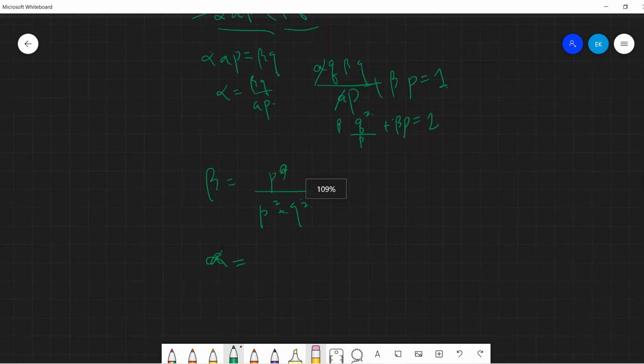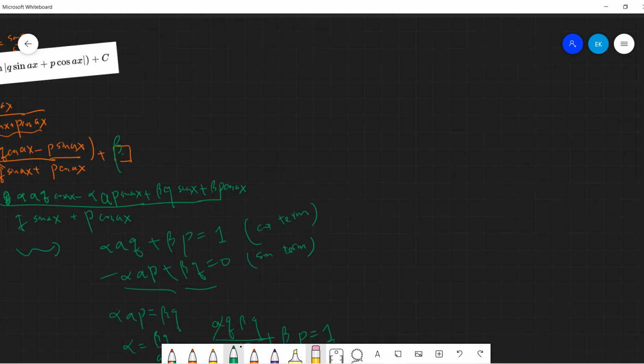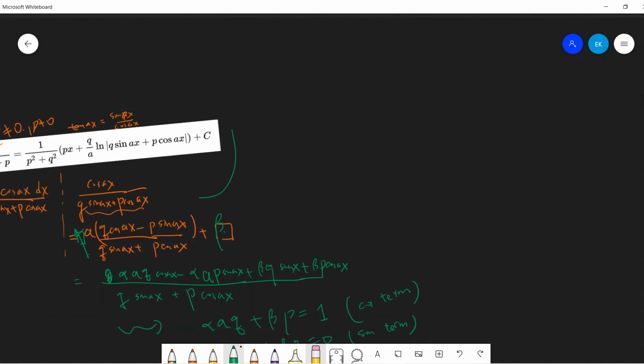So let me just see, alpha is q a over p square plus q square. Okay, so then we can put it back. Basically, it tells you that this term is a q over p square plus q square times q sine plus p cosine, q cosine minus p sine, plus p square q square. Sorry, there's a p square plus q square here.